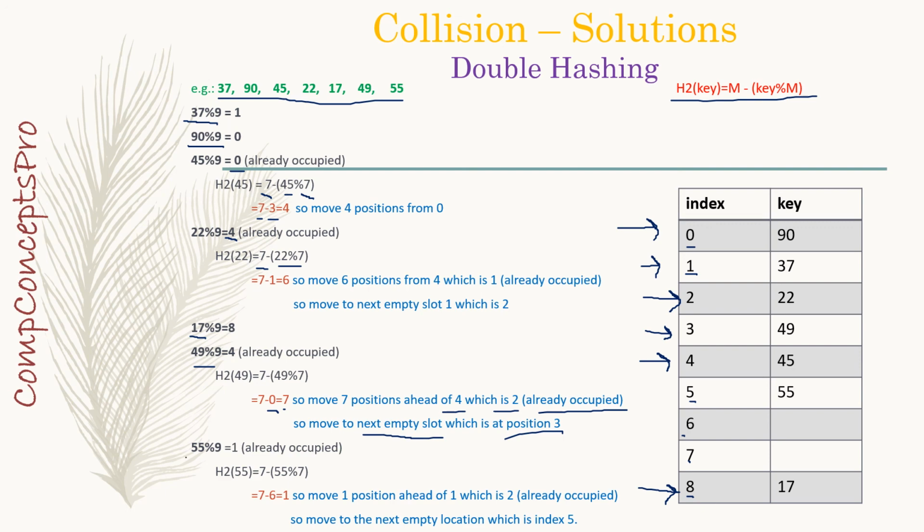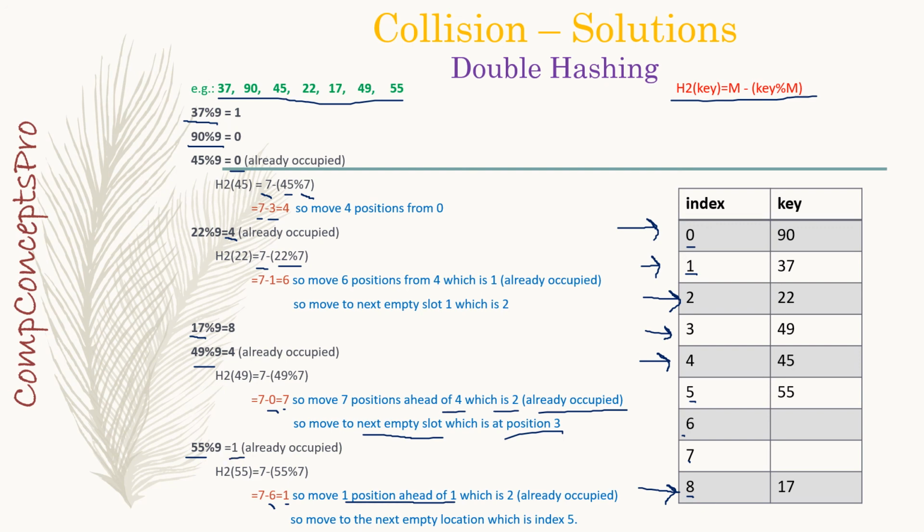Finally, the last key is 55. 55 mod 9 gives 1, which is already occupied. So again we will use the double hashing formula. So inside the bracket 55 mod 7 gives 6. So 7 minus 6 is 1. So we have to move one position ahead of 1 because the result of the division method hash function was 1.